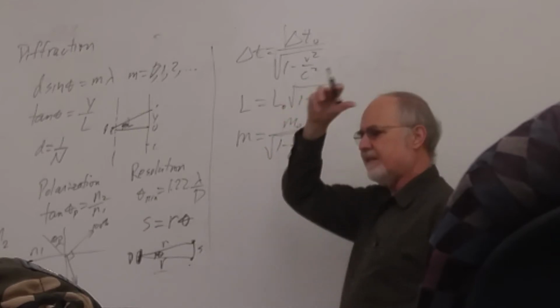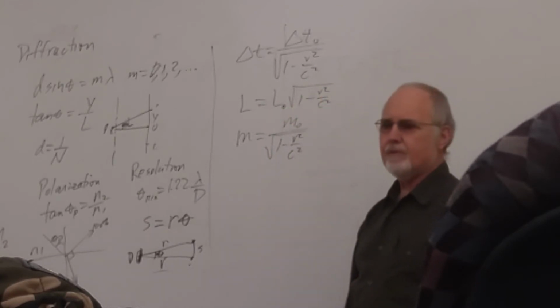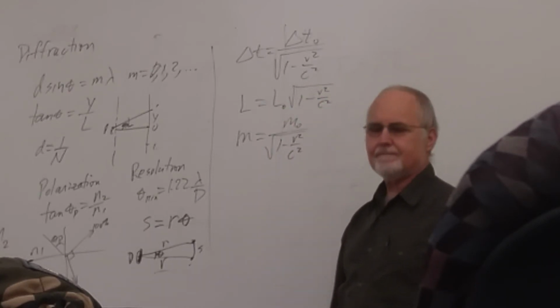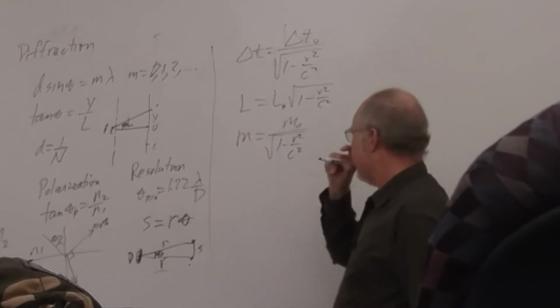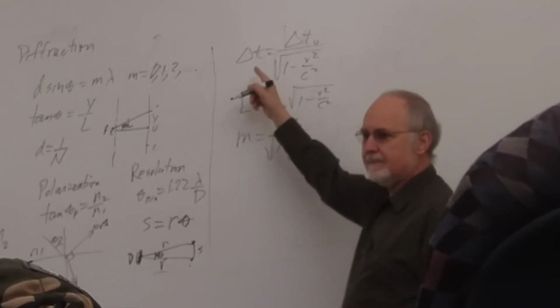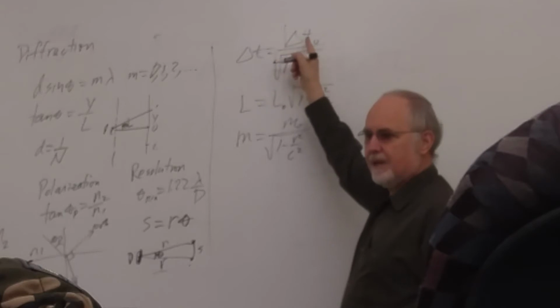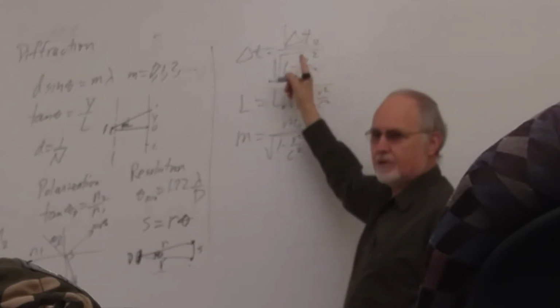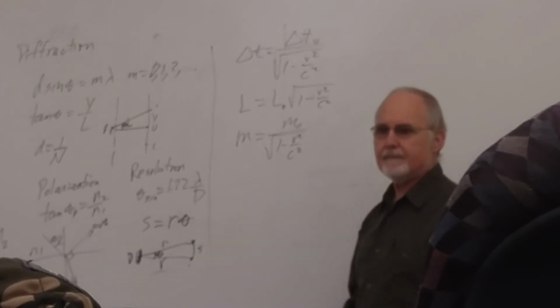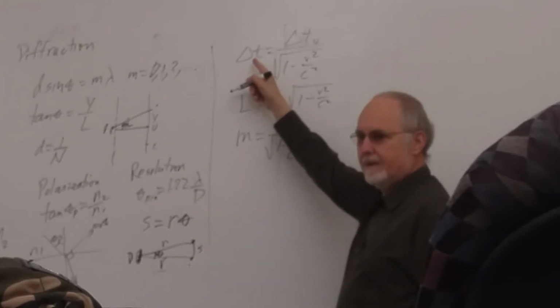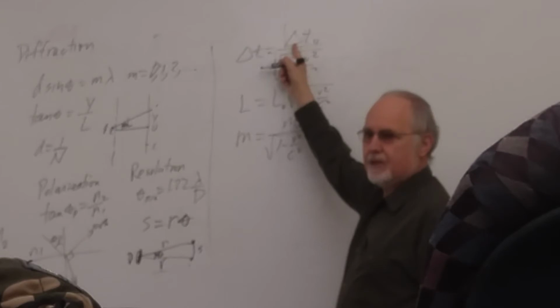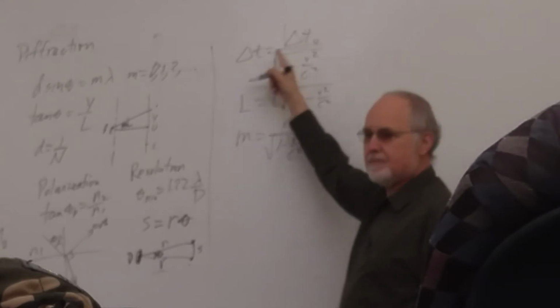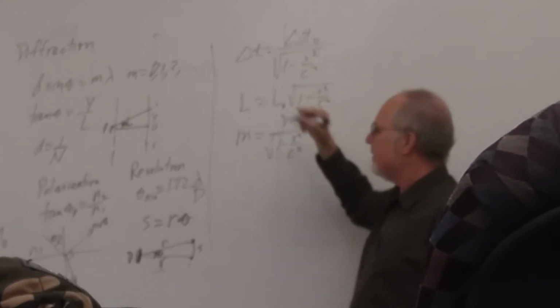The L and the L naught depend on whose viewpoint you're looking at it from. But remember, this time always has to be more than this time, because the square root is a number less than 1. So Earth time is always bigger than spaceship time, or the lab time is bigger than the particle time.